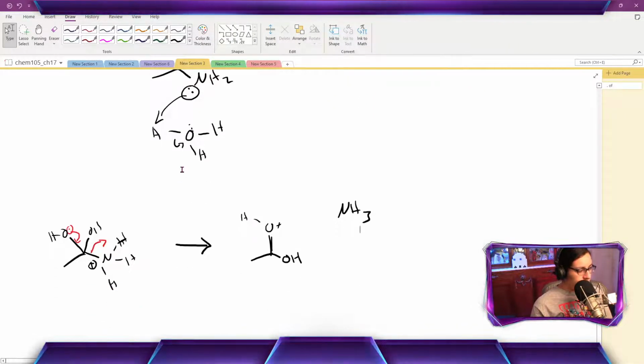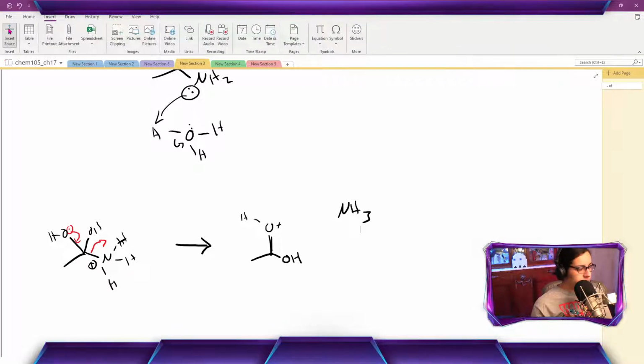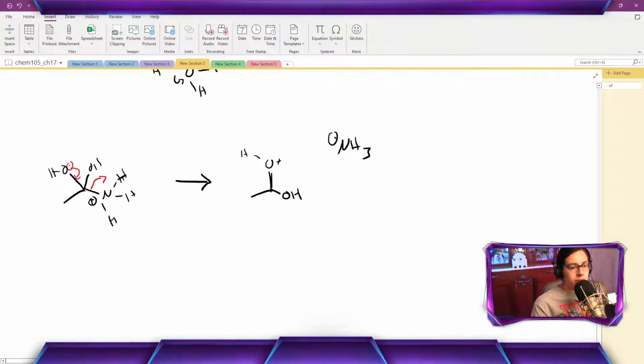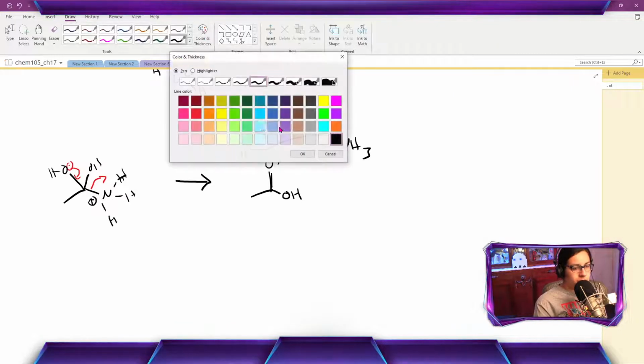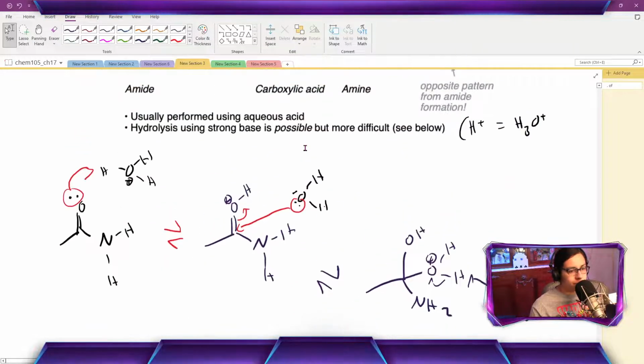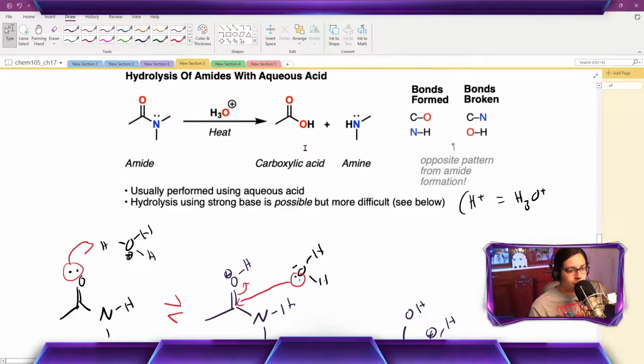And so, again, last step, deprotonation. So this nitrogen can actually come along. There we go. So now we have made ammonium chloride as our counter ion.